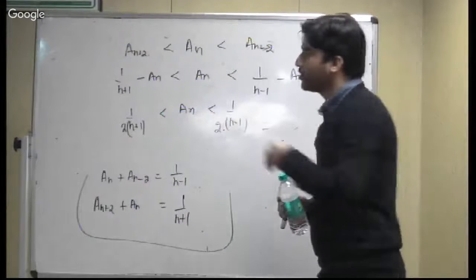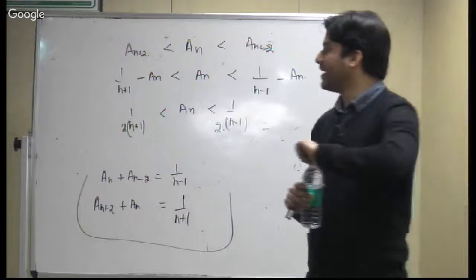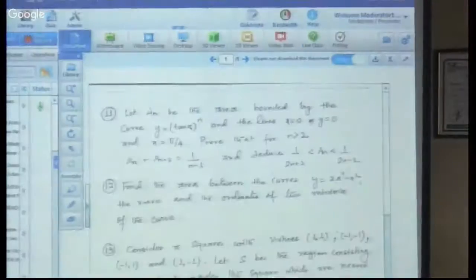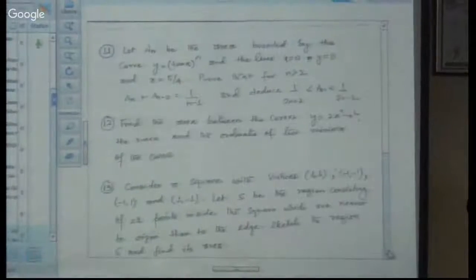Now try the 12th. Find the area of the curves y is equal to... You can handle this. You can draw the sketch. Just show me the sketch of this graph.